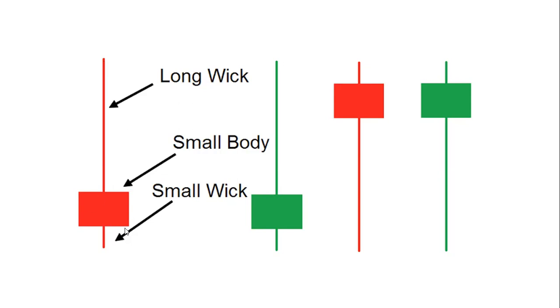Price opened here and went all the way up as if it was going up, but eventually closed here. So it shows a long tail and a small body. When you see a long tail with a small body, that represents selling pressure. Buyers were trying to overtake the market, but sellers overthrew them and brought the market down to this level. This is a clear indication of selling pressure.